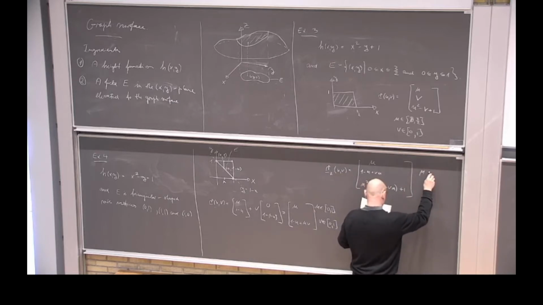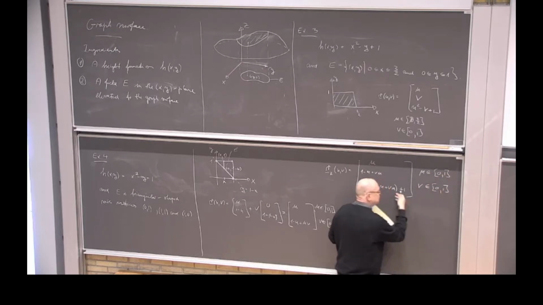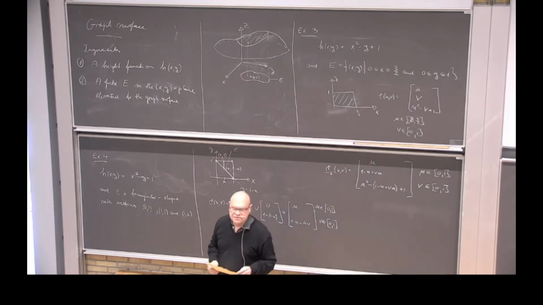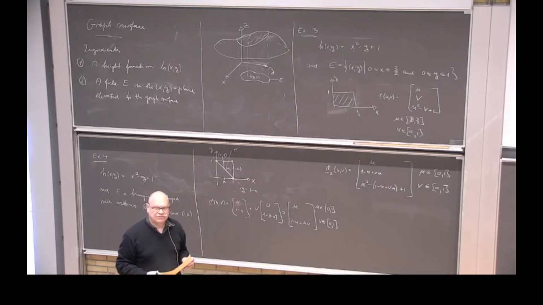And again, u is in the interval from 0 to 1, and v is also in the interval. So this is a parametric representation for your function.